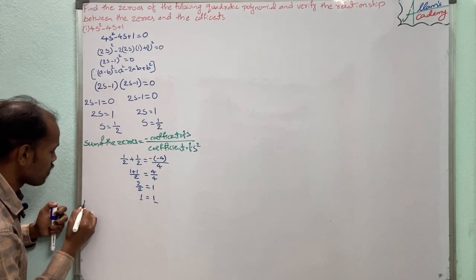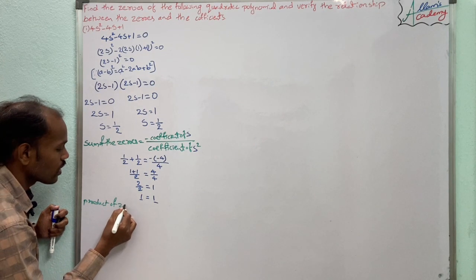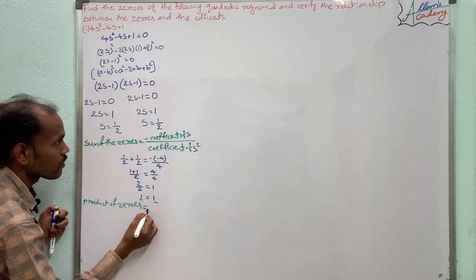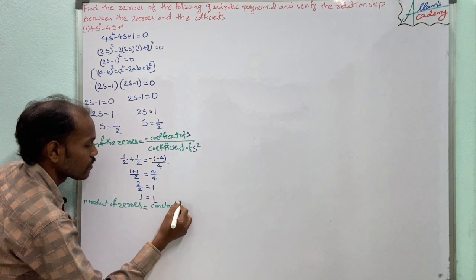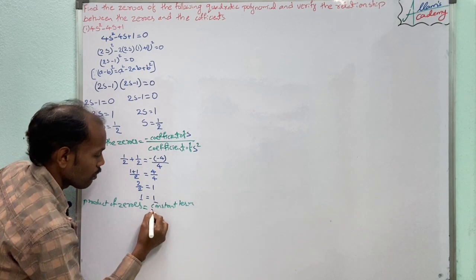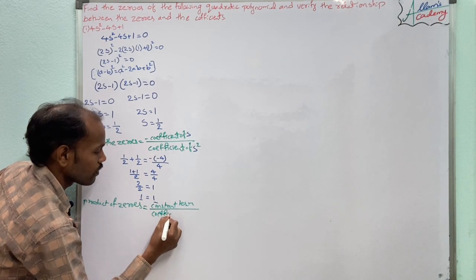Similarly, we can observe the product of zeros. Product of zeros equal to constant term by coefficient of x square.